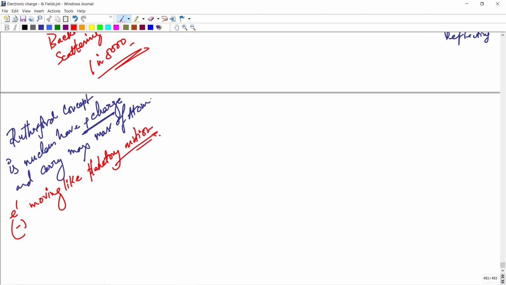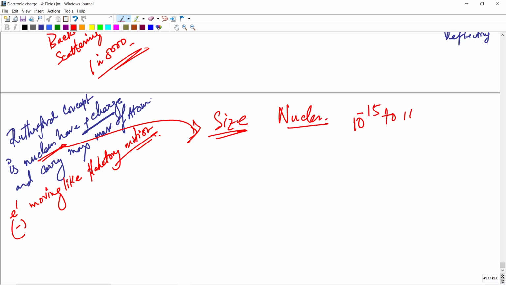Suppose this is the nucleus. The mass of the nucleus is very small, and its rough size is 10 to the minus 15 to 10 to the minus 14.